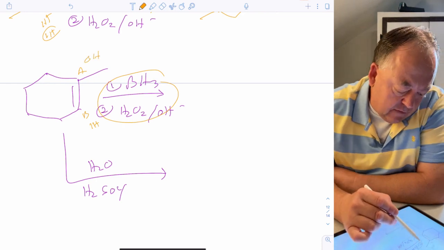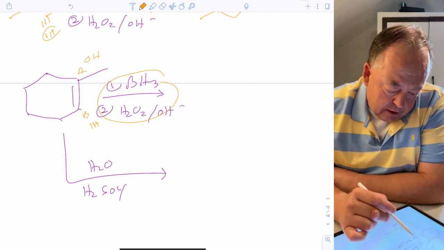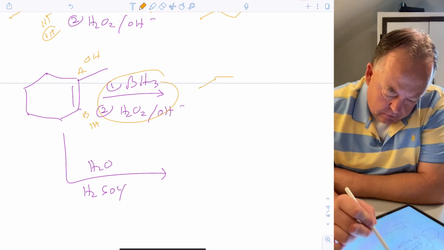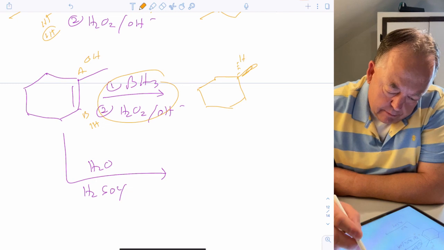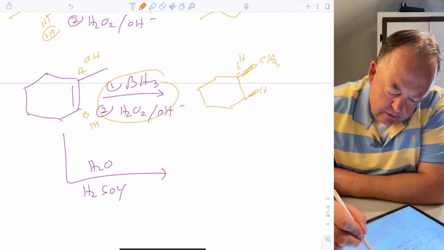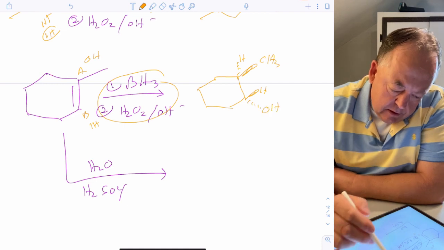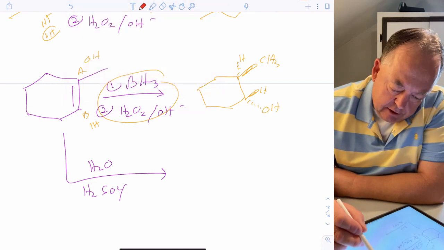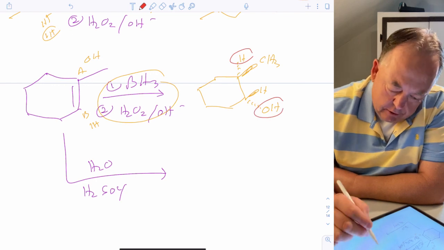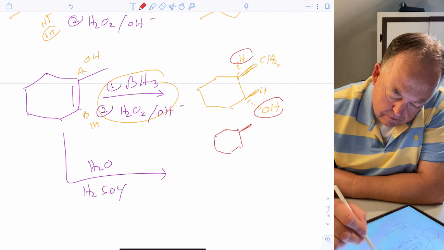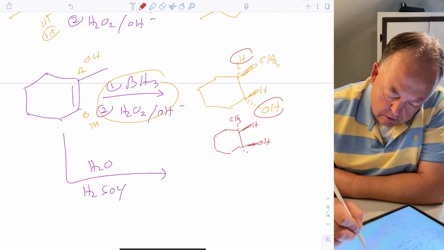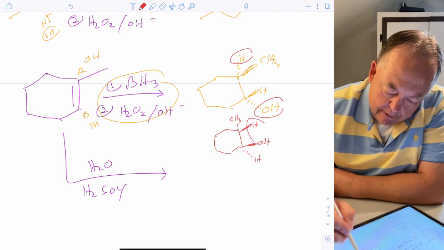So the anti-Markovnikov rule says put the hydrogen on A and the OH on B. But it's a syn addition, so the H and OH that you add have to be syn to each other. So they could both be on bottom, or they could both be on top.